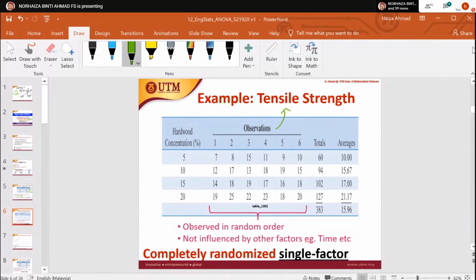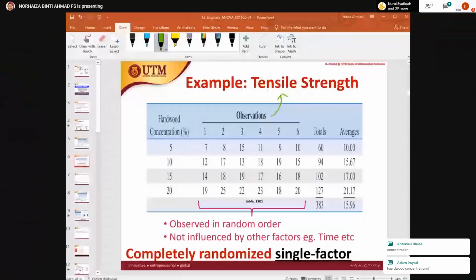Class? Hardwood concentration. So it is hardwood concentration.